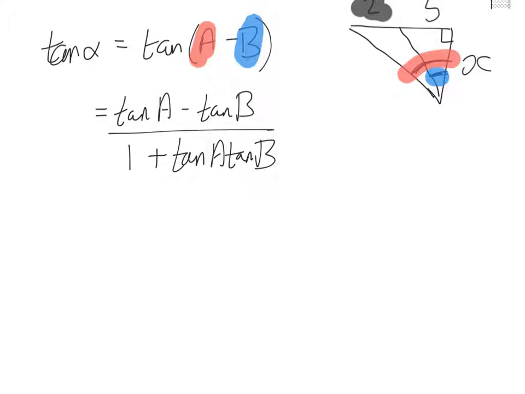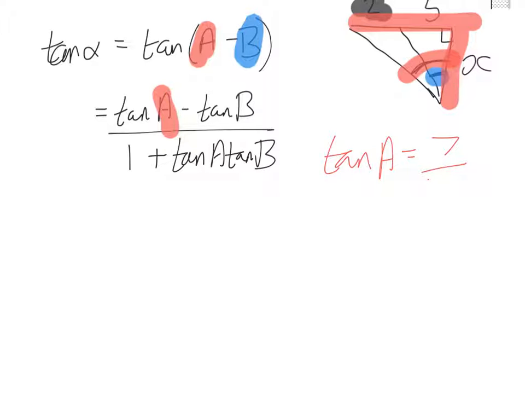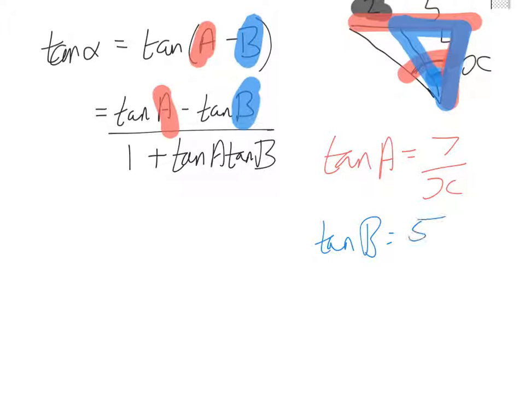And we can rewrite tan A, the red angle, by looking at the red triangle, the opposite and the adjacent. Tan A is equal to 7 over x, and by similar logic, which is that triangle, tan B is 5 over x.